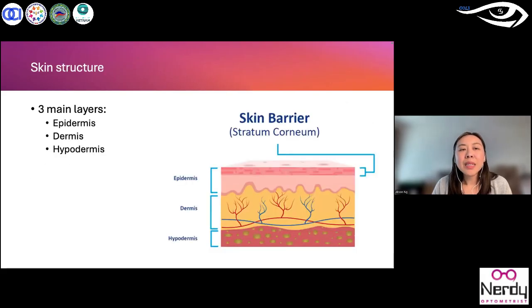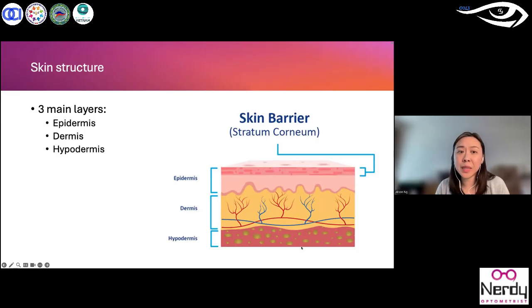So I'm going to dig a bit deeper into skin biology a little bit more, because this will play quite an important foundation into the other things I'll talk about later. But overall, we have three main layers of the skin. We have the epidermis, the dermis, and the hypodermis, and each layer plays an important role.